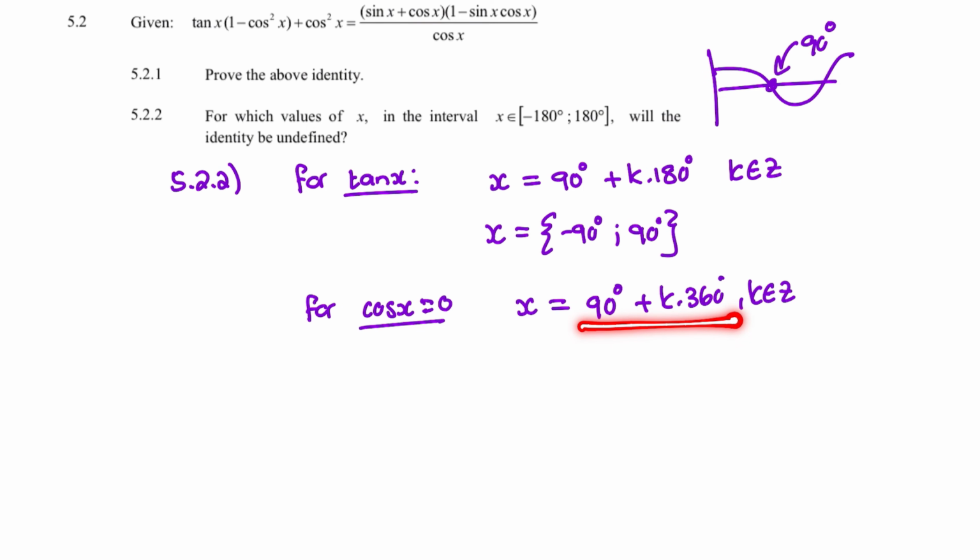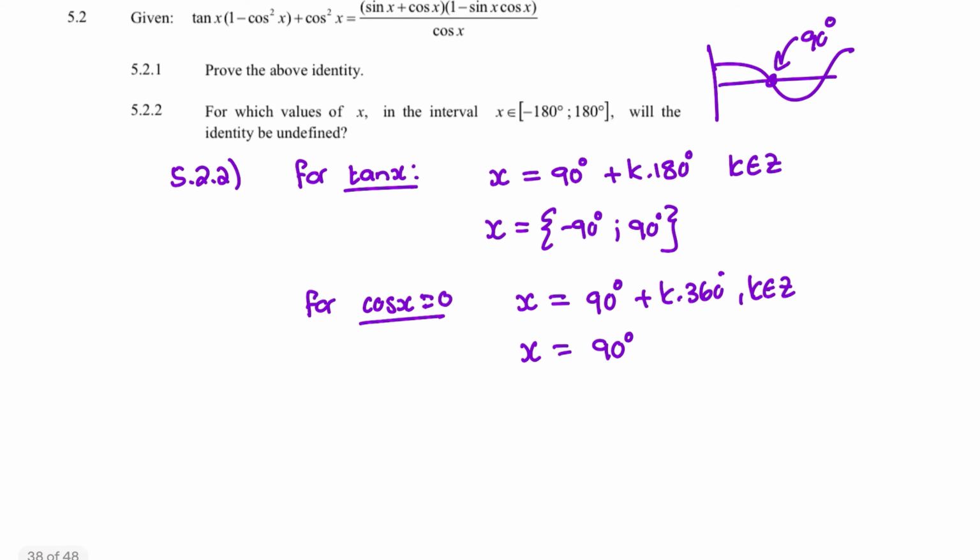But a specific solution then for cos would be where x is 90 degrees. And the reason why we only have 90 degrees here is because when k is negative 1, I'm at negative 270 degrees. And when k is 1, I'm at 450 degrees, which are both outside of that range. So when k is 0, we have the 90 degrees.